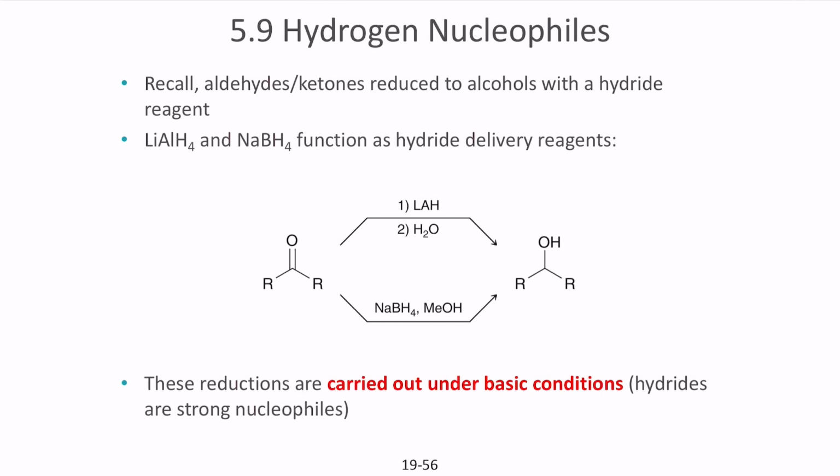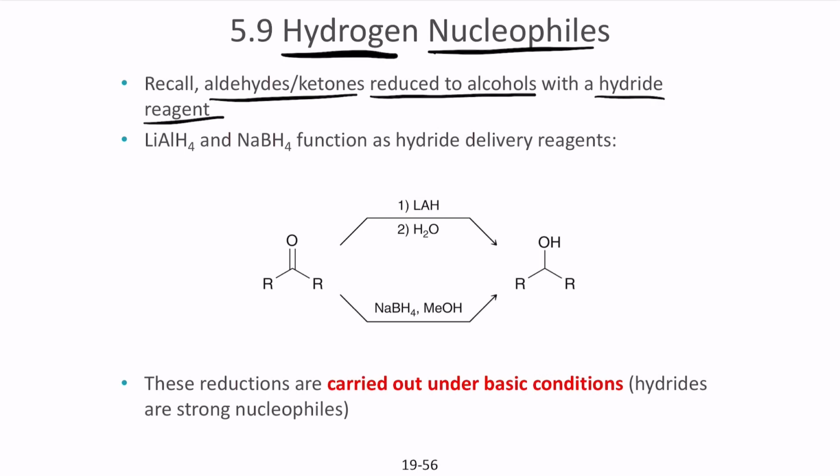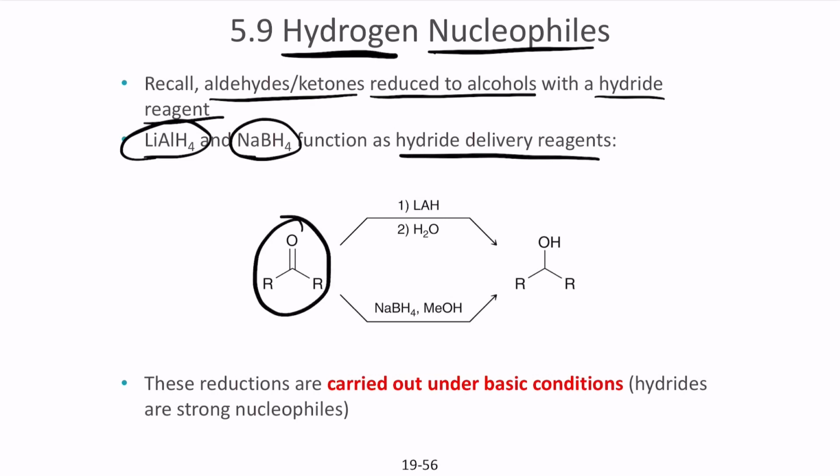So next let's discuss hydrogen nucleophiles. Recall that aldehydes and ketones are generally reduced to alcohols when you use a hydride reagent. The two common hydride reagents used are lithium aluminum hydride and sodium borohydride. These are used as the hydride delivery agents. When you use a ketone or an aldehyde in presence of LiAlH4 and water, it creates the alcohol.